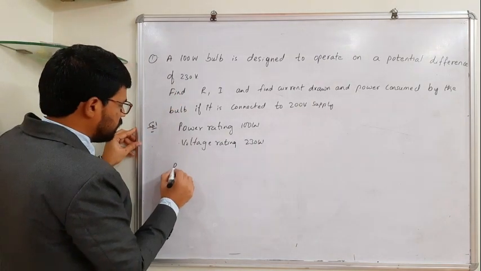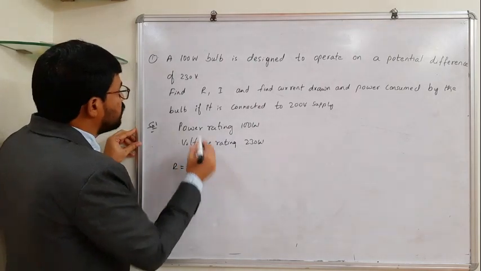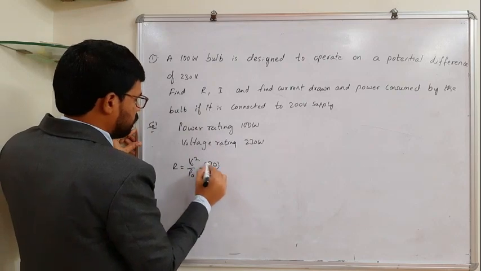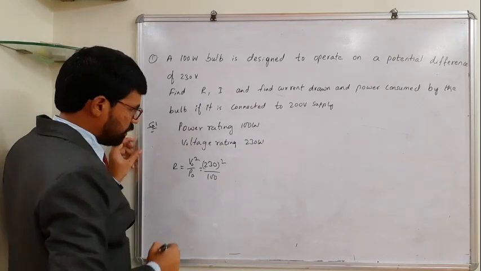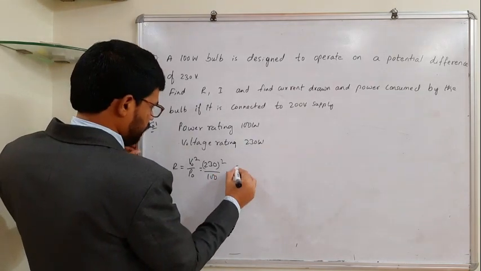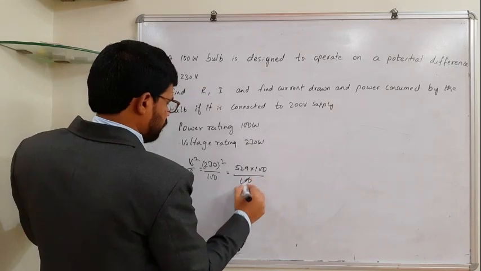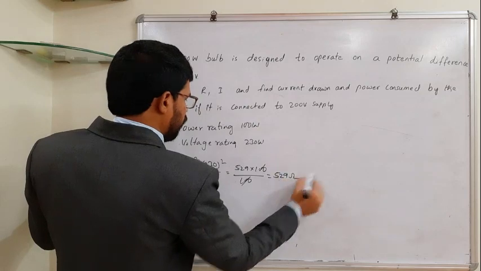Resistance, just now I told you, is expressed like this: V naught square by P naught. And what is V naught here? It's 230 square divided by P naught, which is 100 watt. So 529 into 100 by 100, 100 gets cancelled. So resistance is equal to 529 ohms.